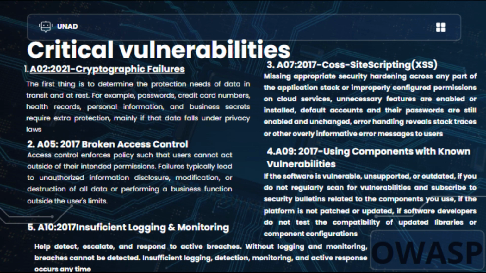Access control enforces policy such that users cannot act outside of their intended permissions. Failures typically lead to unauthorized information disclosure, modification, or destruction of all data, or performing a business function outside the user limits.